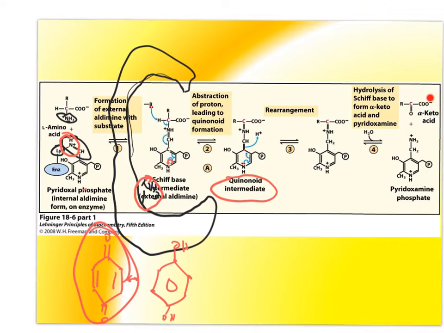So whatever the second alpha keto acid was, let's say, for example, it would be alpha keto glutarate. For example, for alanine amino transferase, we started off here with an alanine and we got pyruvate. But we've got to get our enzyme back. And the way we get our enzyme back is an alpha keto glutarate now comes in and does the exact reverse. So that way you get your enzyme and you get glutamate.